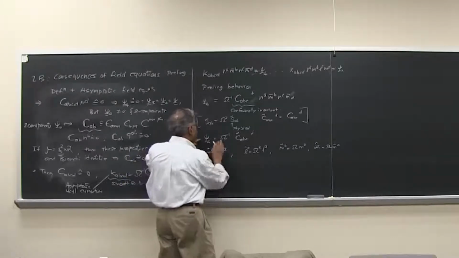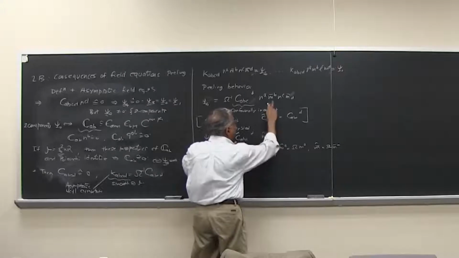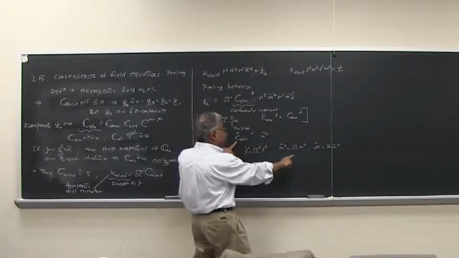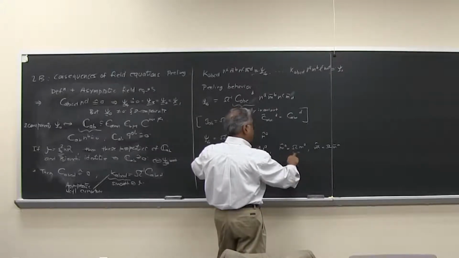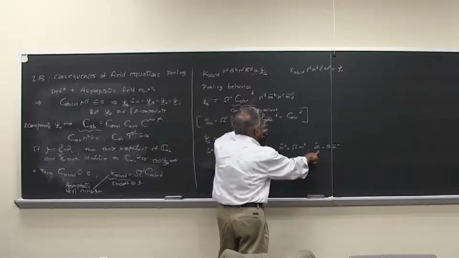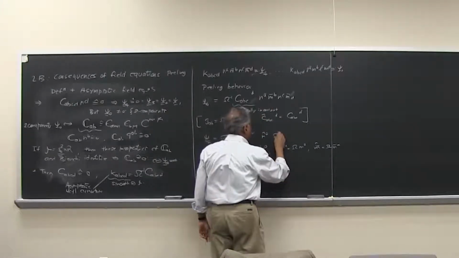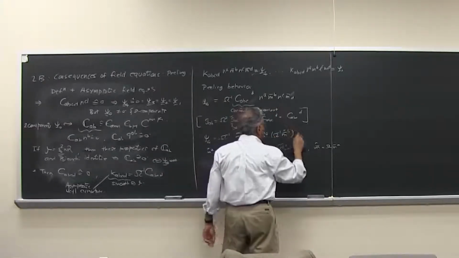So here it is, psi 4. So n is the same as n hat. m bar b is going to be equal to omega to the minus 1 times m bar hat. But okay, let's go. n is the same as n hat.